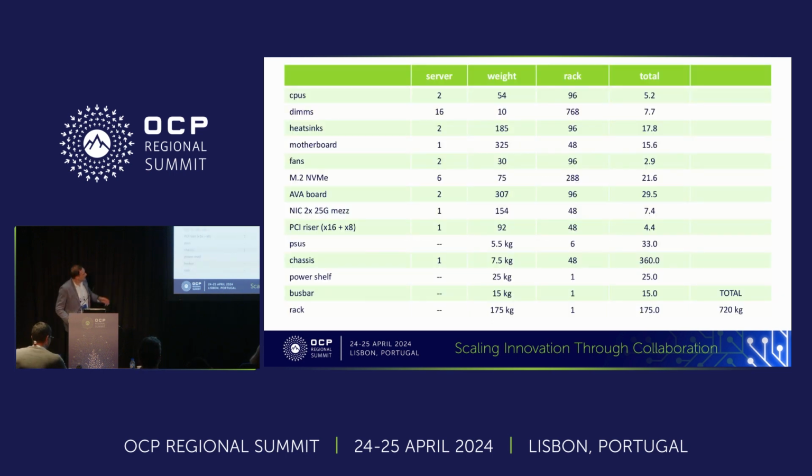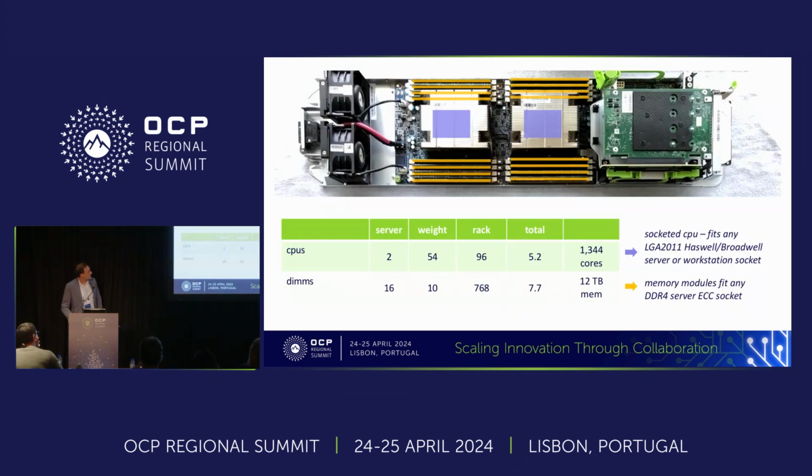Now we saw the reduction in kilograms of weight, specifically on different frames, the rack size with the OCP standard. And let's look at it from component to component, starting with CPUs and DIMMs. Now we've seen today in some keynote talks that vertically integrated companies like OVH do it on their own.